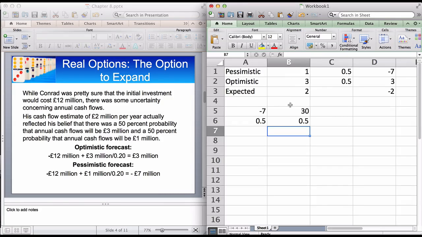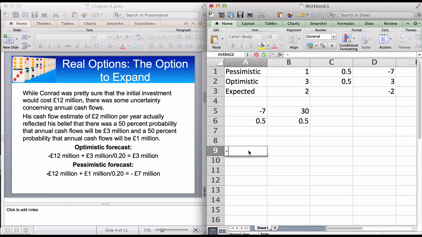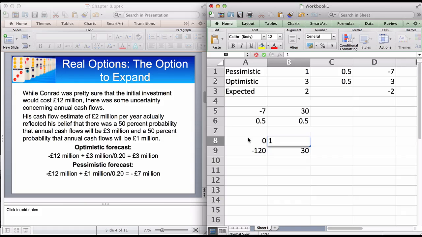Well, another way to do it is to say, if it's a good outcome, then you're going to have an initial outflow of 120 million, and the cash flows are going to be 30 million forever. All we're doing here is multiplying this by 10.